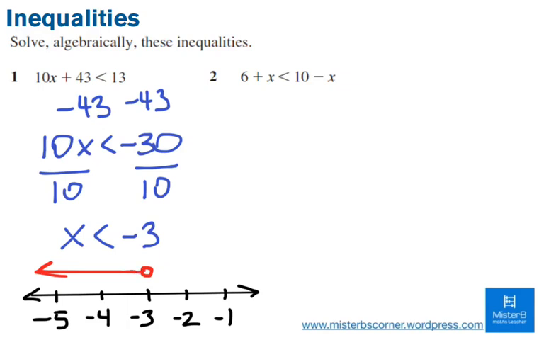Now, one thing is very important. This is a hollow circle, empty circle, if it's strictly less than here, and if it is equal like this one, then you have to fill the circle.